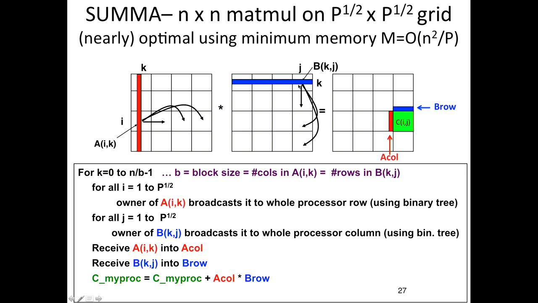Similarly, I'm going to take that subblock and broadcast it down to that processor column, so each one of these processors gets a copy. And what does each processor do? It gets a blue copy from a neighbor in its column, a red submatrix from a neighbor in its row, and it multiplies them and adds them into its local submatrix. It just loops over all these blocks, and it turns out that this does attain the lower bound. I won't do all the counting, but this algorithm has been around for a long time too.